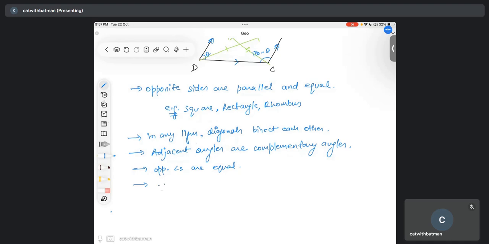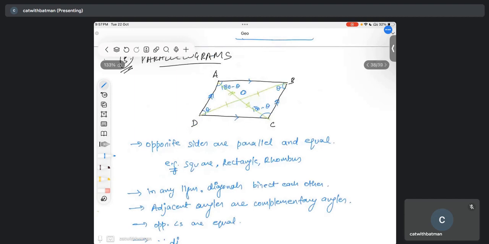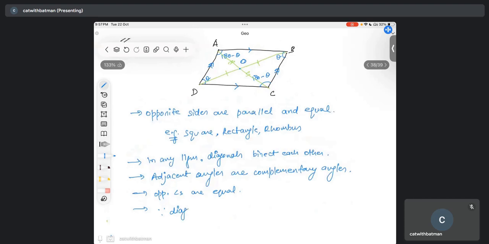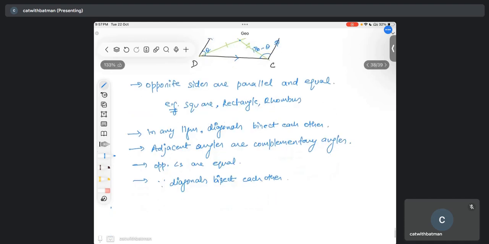Now one thing, let's say this is point O, the point where they bisect each other. Since diagonals bisect each other, therefore BO will act as a median.